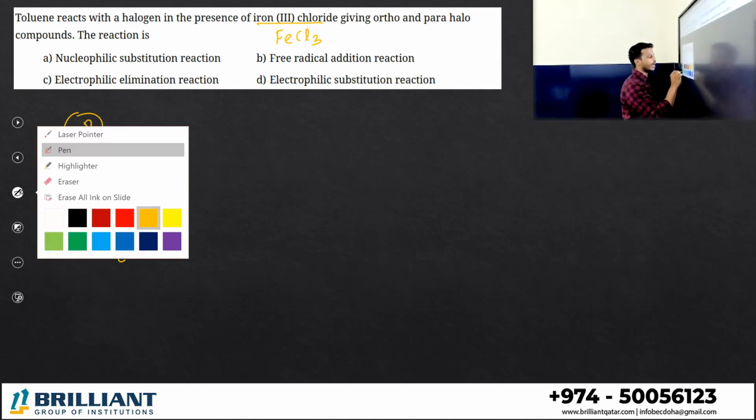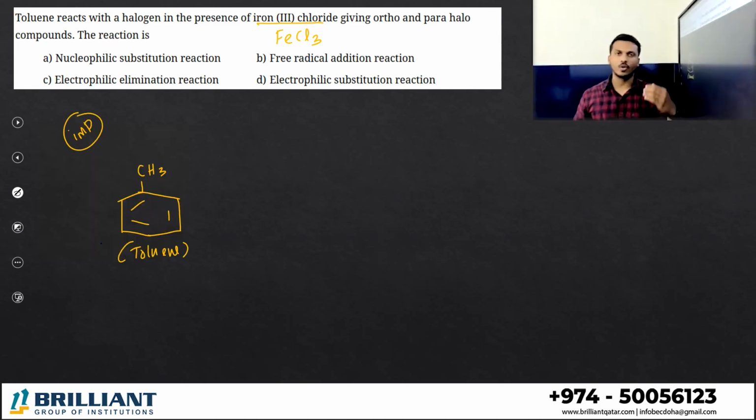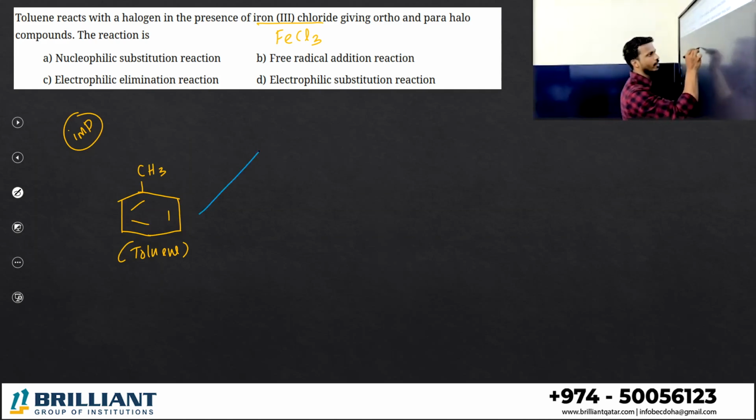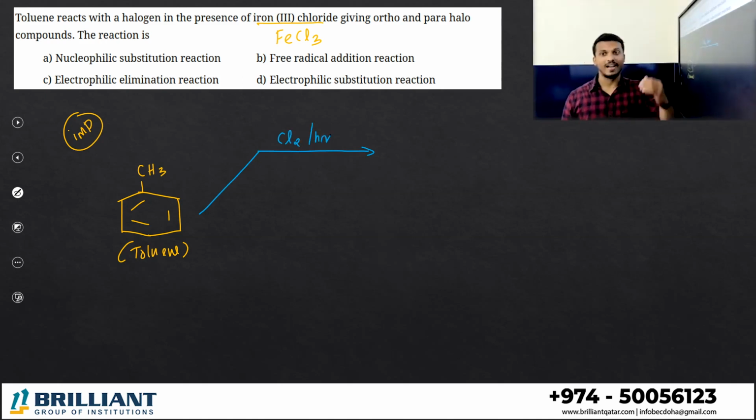Toluene can undergo chlorination in 2 ways. What are the 2 ways? First one, you can add chlorine in presence of light. We studied already in the beginning question, addition of halogen in presence of light follows a free radical substitution reaction.